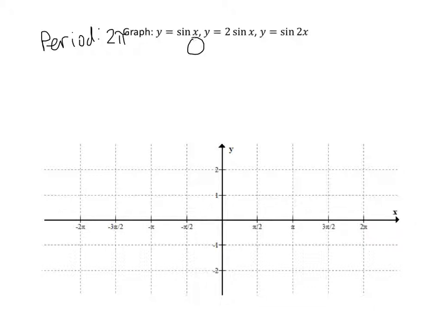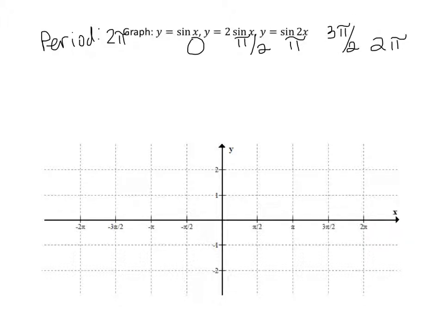We start at 0, we end at 2 pi. Now the key coordinates are going to occur at the halfway point, in this case pi, a fourth of the way through, which in this case is pi over 2, and 3/4 of the way through, which is 3 pi over 2.